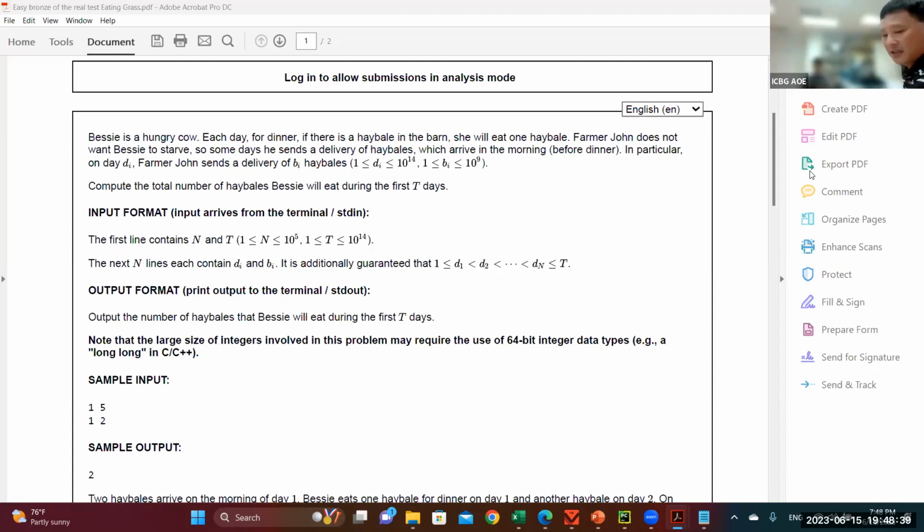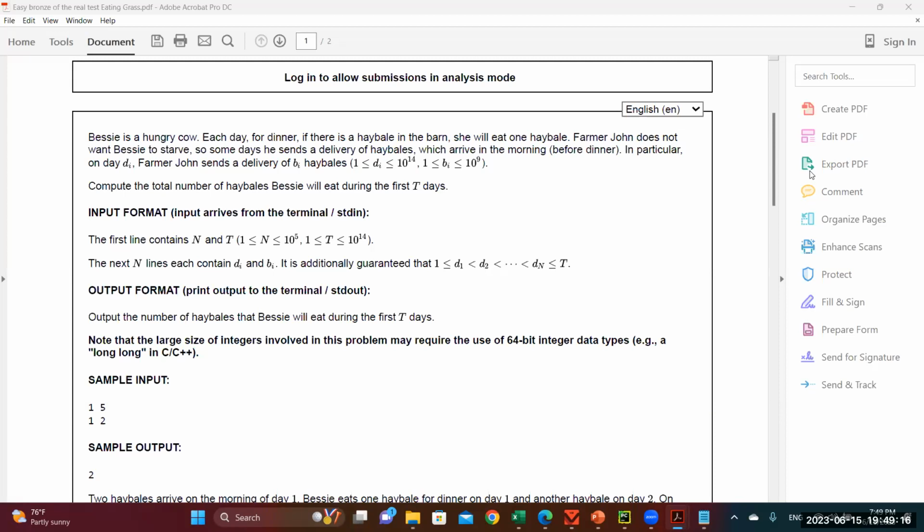So let me ask Evan, do you have an idea? Basically, the problem says the input is n and t, where n is the number of lines there are, and t is how many days, the first amount of days you should look into.